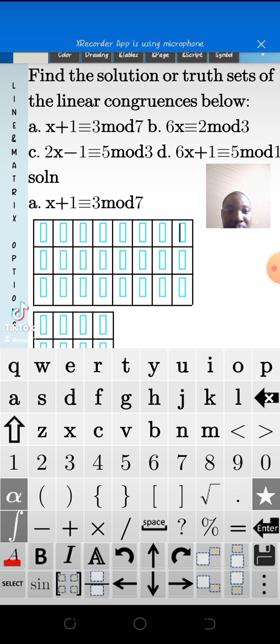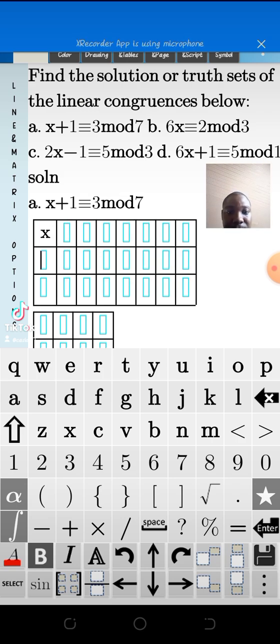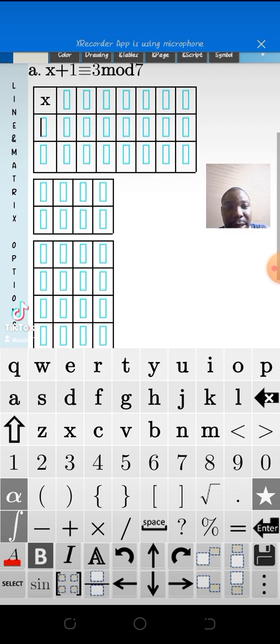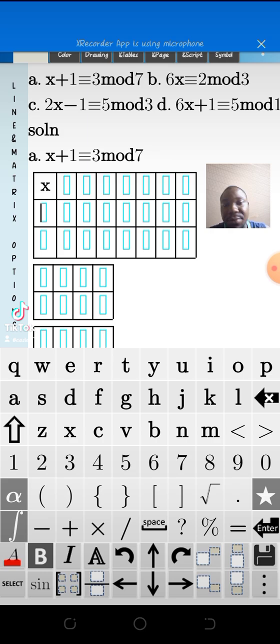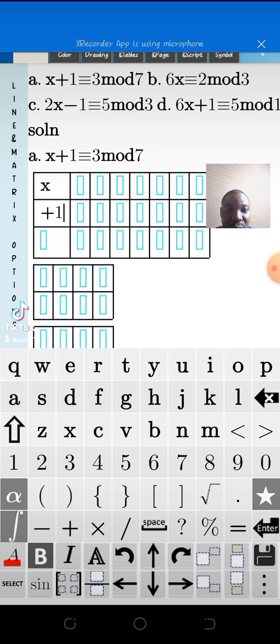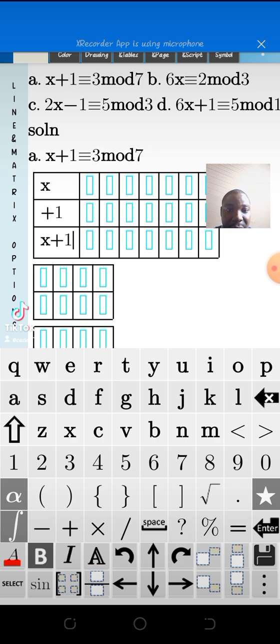So your table is going to contain x and x plus 1. Is that okay?